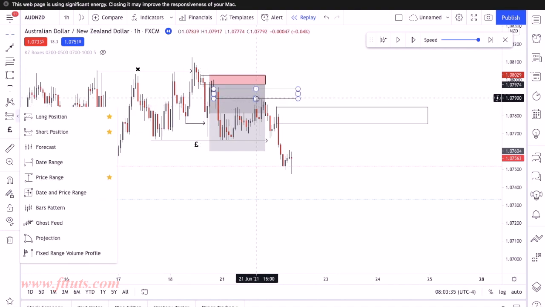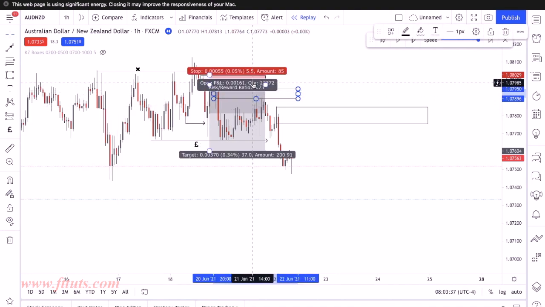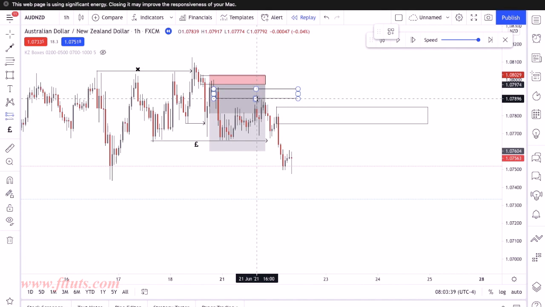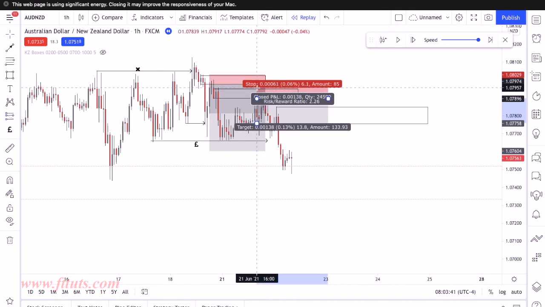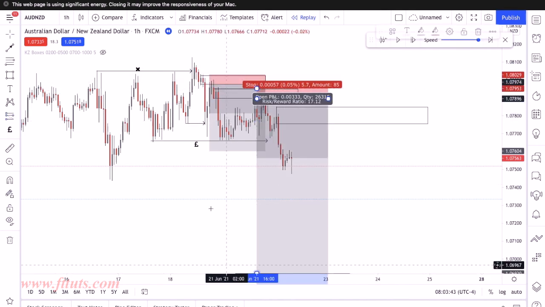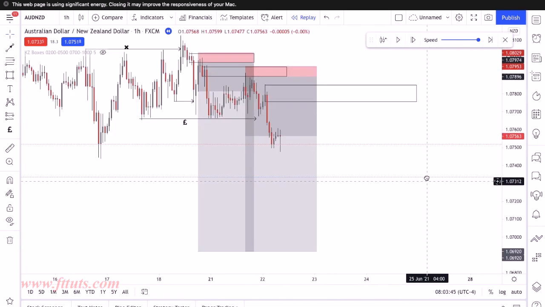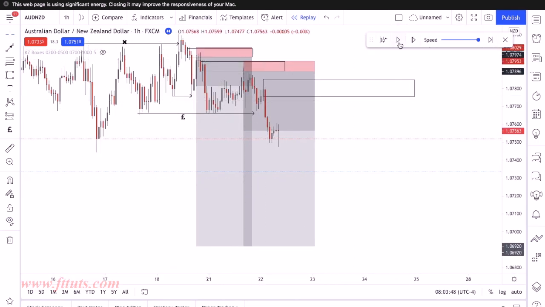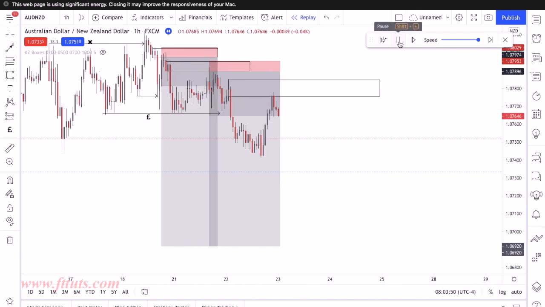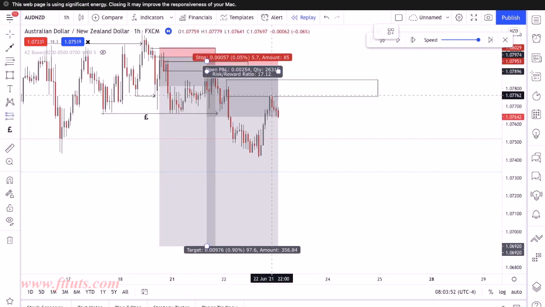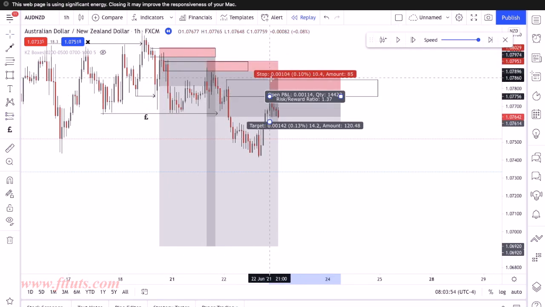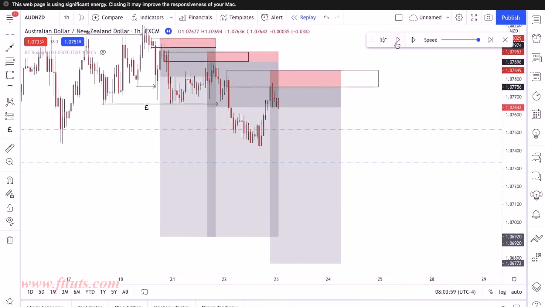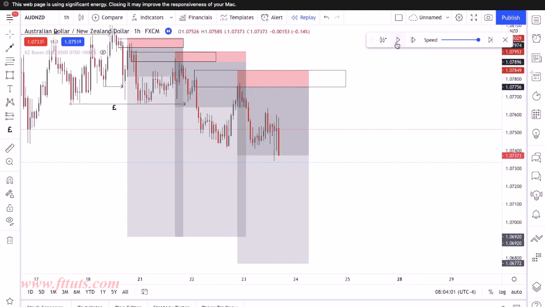That would have been your second entry right over here. Right, and we'll be looking to enter again off that supply right over here. Boom. And then price continues to move over to the downside.